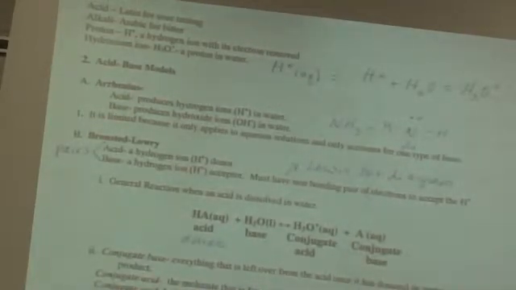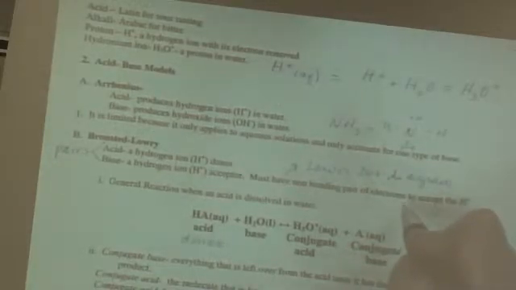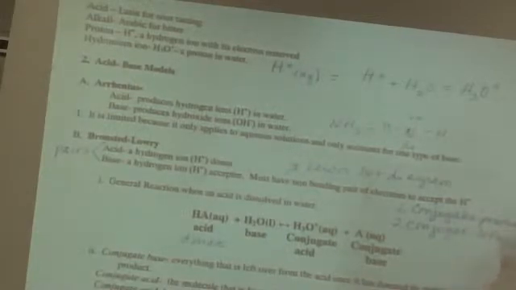I like to think of these this way. First and foremost, you only find conjugates as products. I like to think about this as conjugate, meaning leftover. And whatever is left over will be the opposite of what happened on the reactant side.